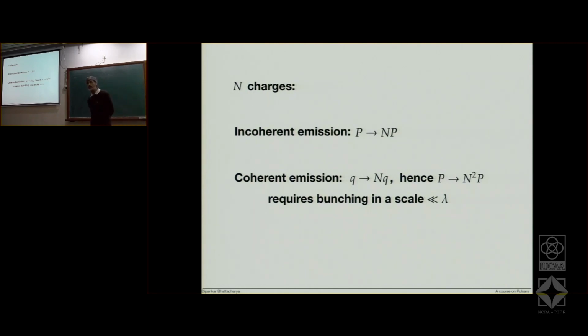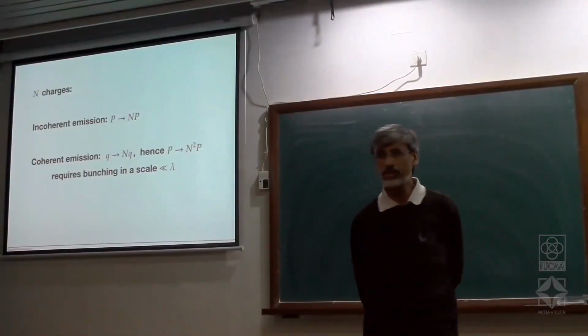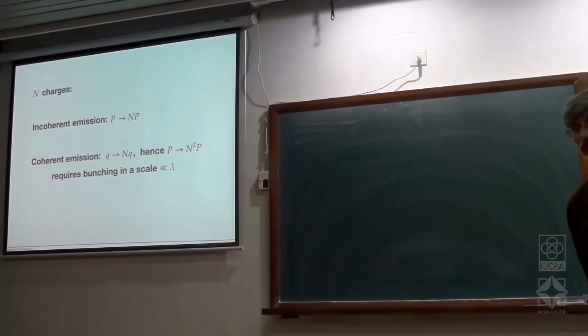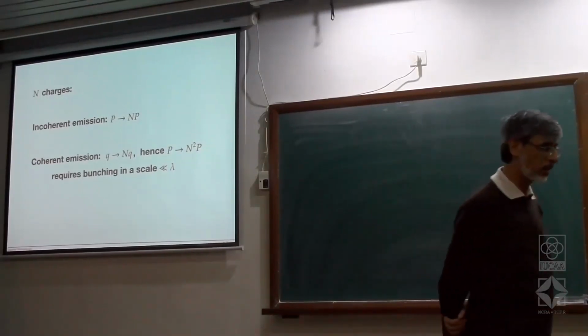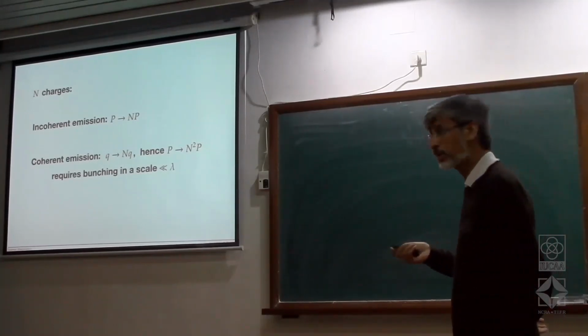So obviously this is helped if the wavelength is large. So in pulsars we will encounter coherent emission when you go to long wavelengths, which is radio frequencies. Whereas in high energy emission, like optical or X-rays or gamma rays, this is not a viable situation, and we don't see it.